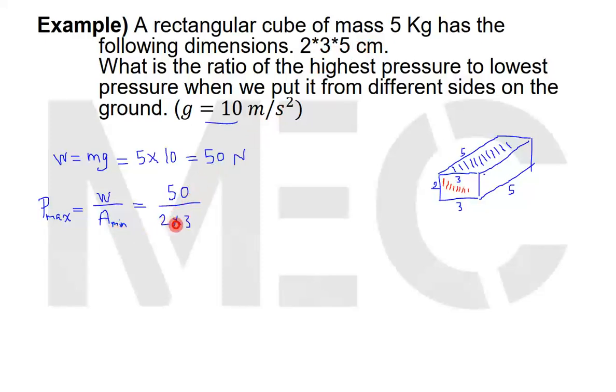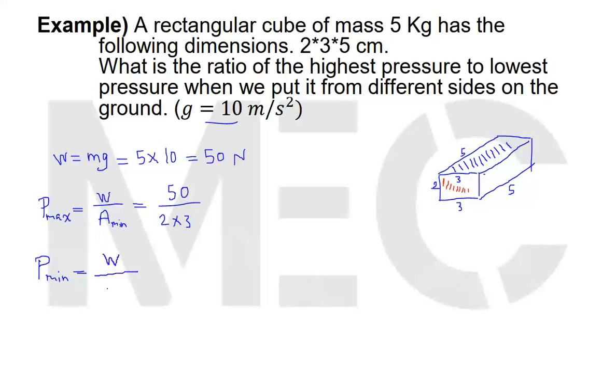Centimeter times centimeter will be centimeter squared. Of course, I can calculate the P max in Newton per centimeter squared. It doesn't matter. The question has asked for the ratio of the highest to lowest, so I just leave it as it is. And I will go to find the P min, which is the minimum pressure.